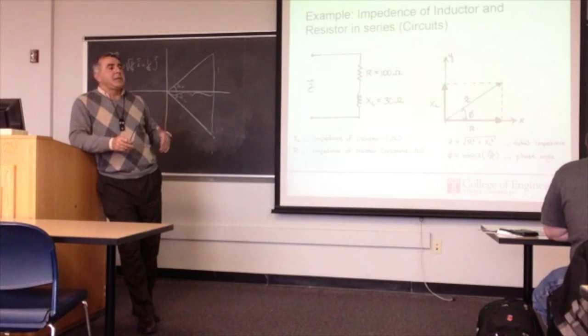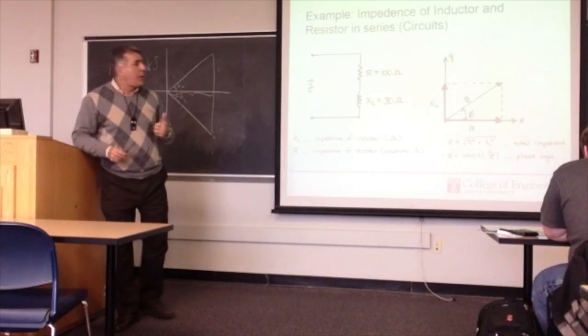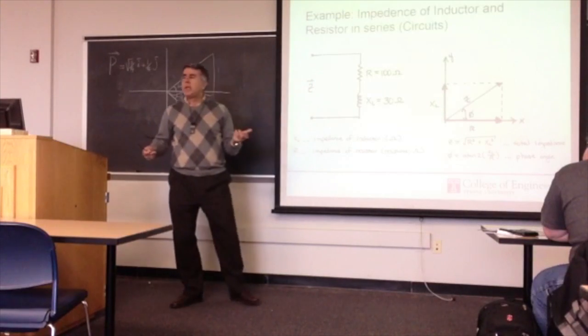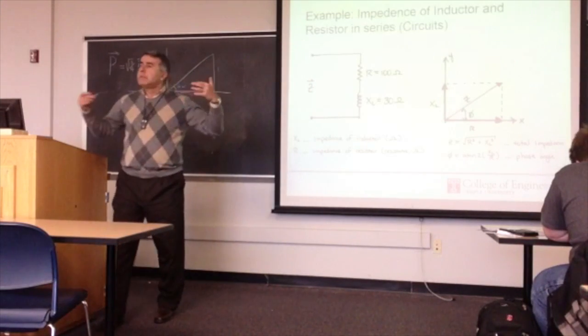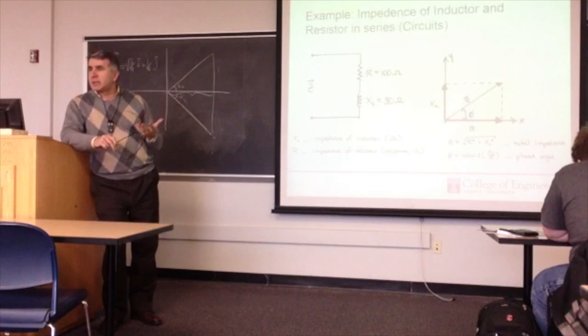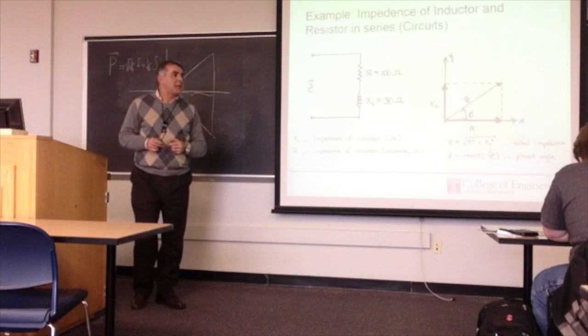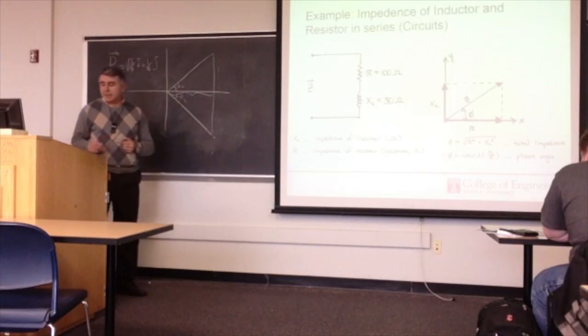All I'm doing is finding a representative impedance. If you only have one resistor, or a group of resistors, your impedance would simply be the summation of all of these resistors. But now we have a mixture. You are working in the x and y direction because of the phase difference.